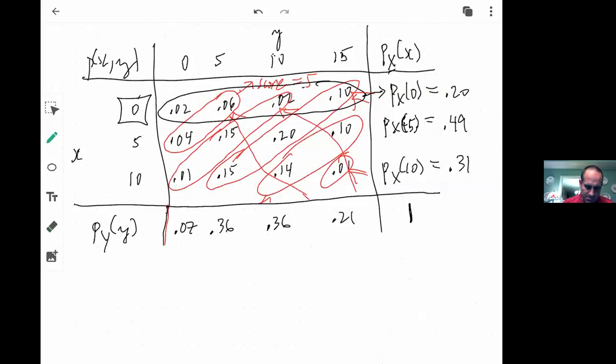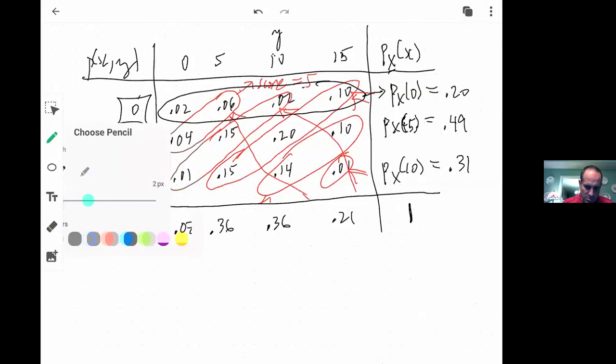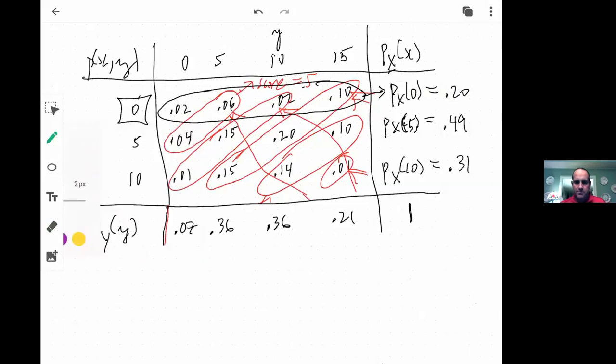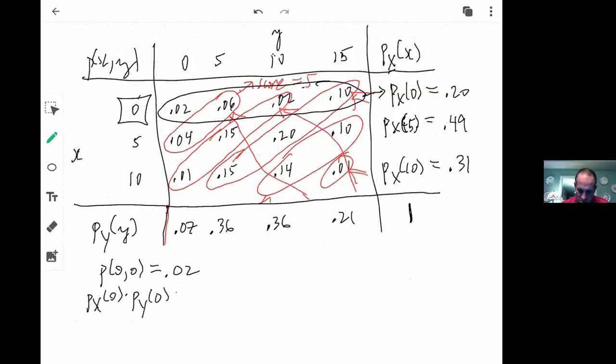Okay, so what about it? Let's see. Well, let's just look at, for instance, P00. Okay, so what about P00? Well, that's 0.02. And on the other hand, what is Px of 0? Okay, and Py of 0? Because we should just multiply those together and make sure that this works out. It's always a good place to just try one and see what happens.